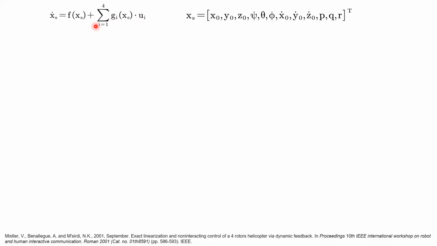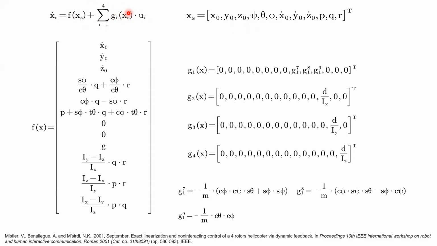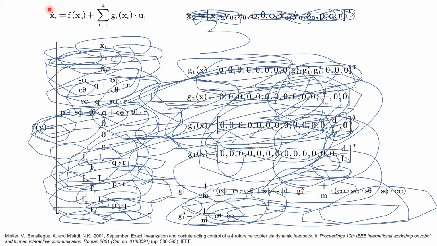There are 4 inputs. f(x) is a function of x. g(x) is a function of x. Specifically, they are f(x) and g(x). But don't worry, this is the only equation we will talk about.